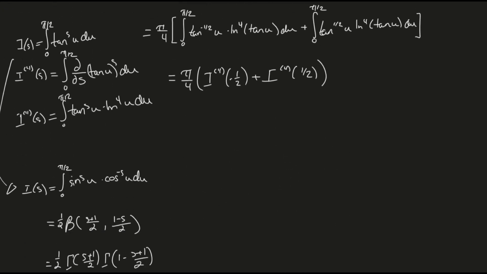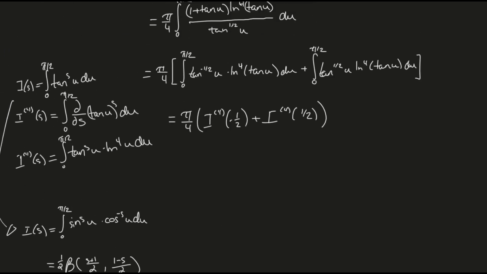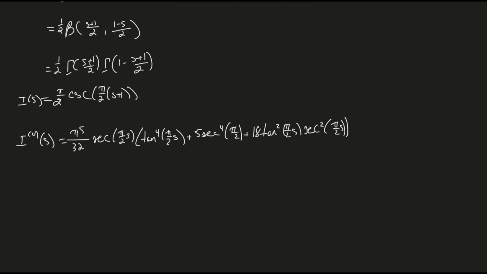And before, I would like to simplify one thing. Notice that we are evaluating our fourth derivative of I at -1/2 and 1/2. And here, the fourth derivative is actually an even function, because the only odd function in there would be the tangent, but it's always raised to an even power.